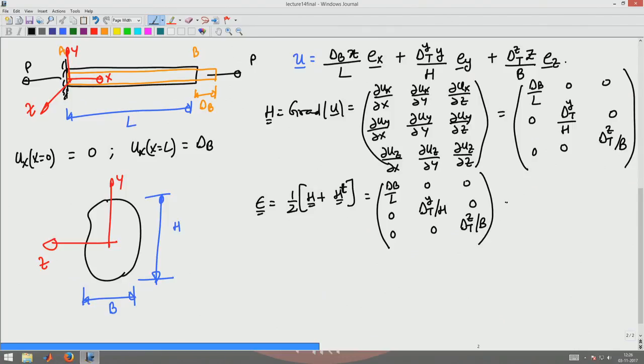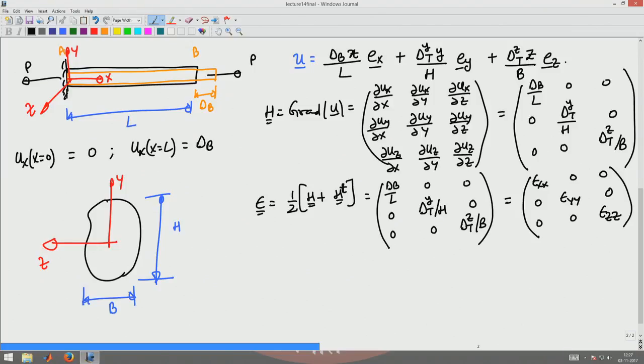Now, I can rewrite this strain as some epsilon xx 0 0, 0 epsilon yy 0, 0 0 epsilon zz component of the strain. So, I will rewrite it as this.